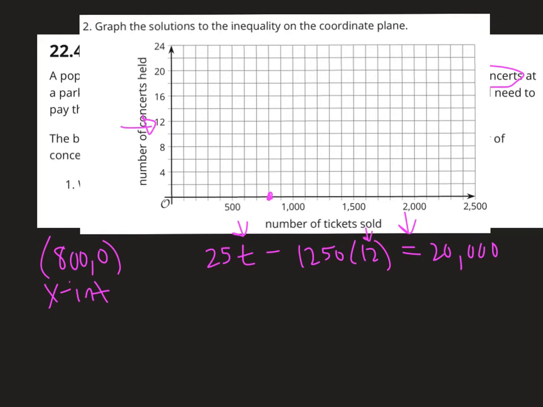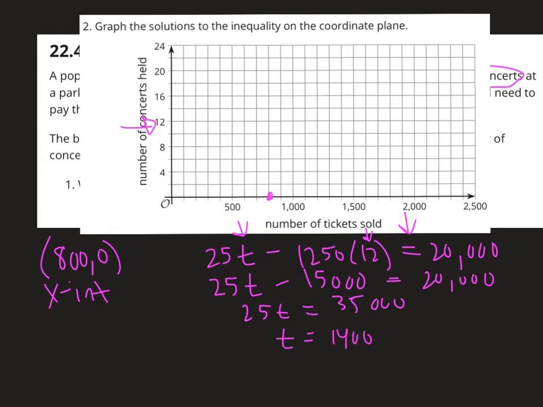So this is my C, and I'm solving for T. So 25T minus 1250 times 12, right, is going to be minus 15,000, equals 20,000. Add the 15,000 to both sides. That's going to give us 35,000. Divide by 25. We got to sell 1,400 tickets.